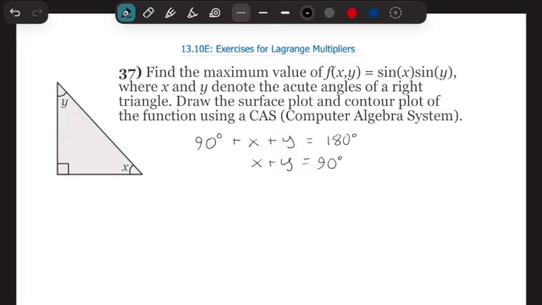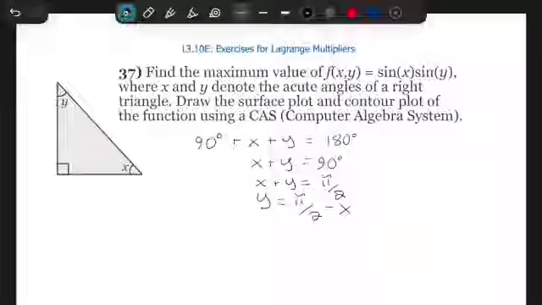And then we're going to be using lots of trigonometric functions, so we want that in radians. So what is 90 degrees in radians? That's pi over 2. And then solving for y, y equals pi over 2 minus x.